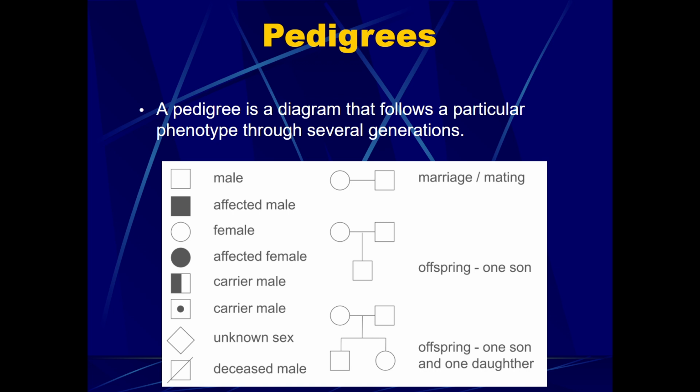A marriage or a relationship that produced offspring is shown by a horizontal line. Offspring is going to be connected to that horizontal line, and offspring that is more than one is going to be shown by horizontal lines that are connected to an initial vertical line coming off of the marriage or mating line.